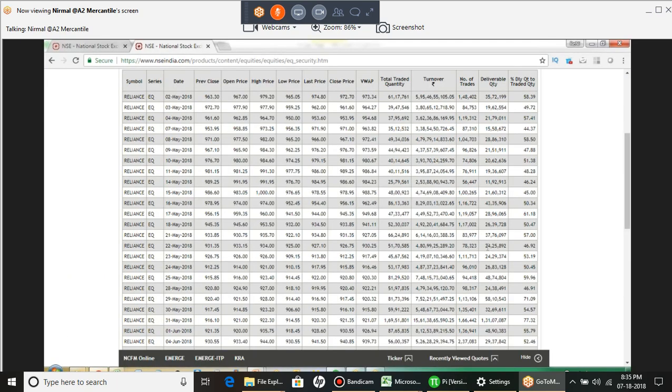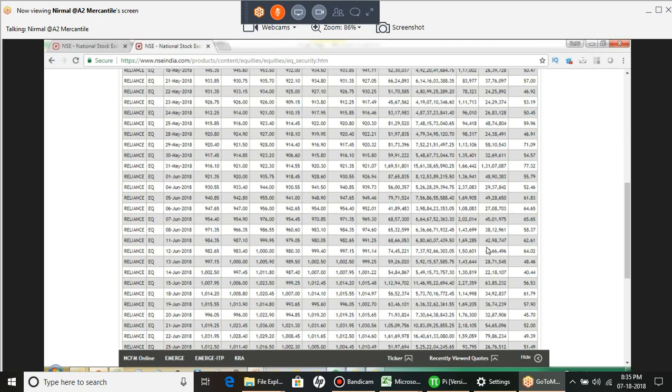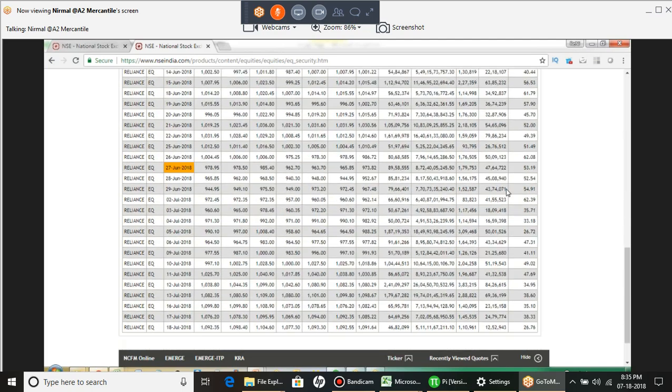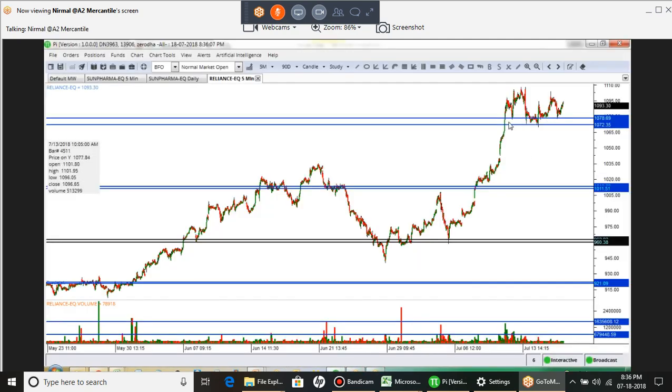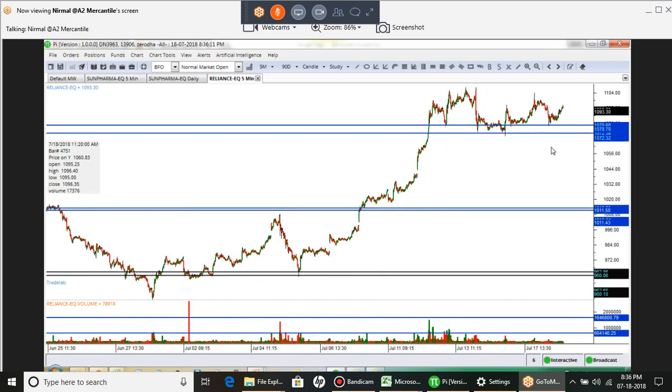You see this? June month, what was the highest? 79, right? And what is the highest in July? 84, correct? So there is a breakout. If the volume has broken out, now see, it is having severe troubles here, right?